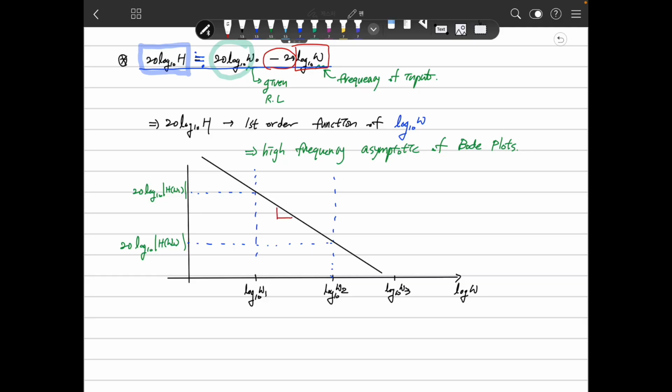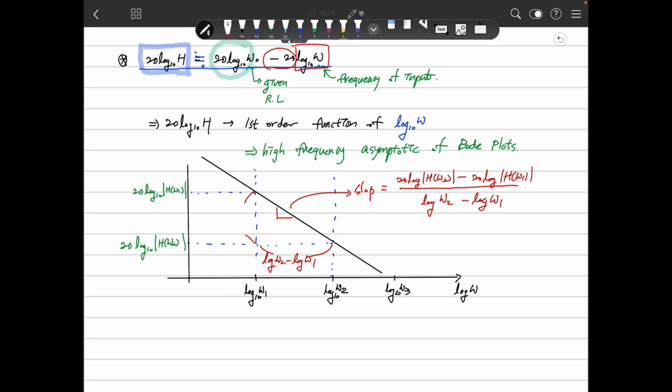And the slope is 20 log H omega 2 minus 20 log H omega 1, over log omega 2 minus log omega 1.